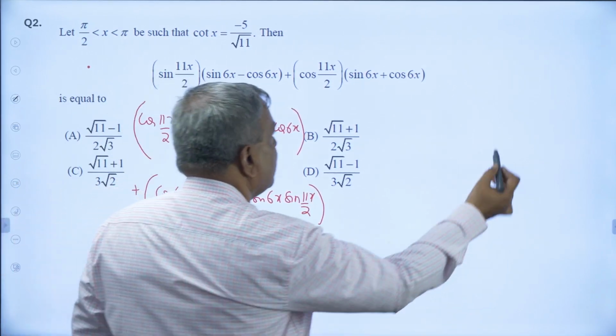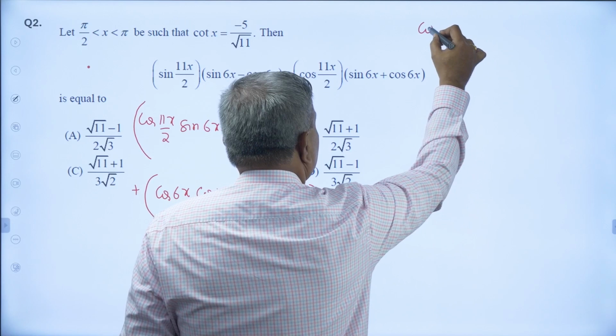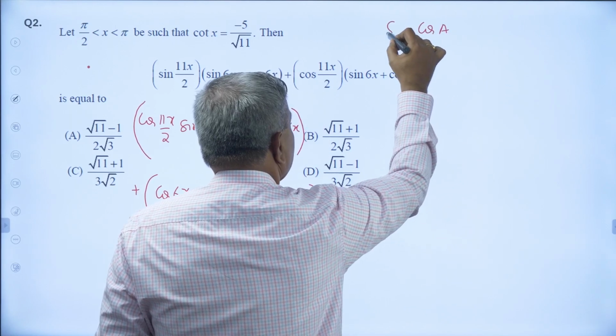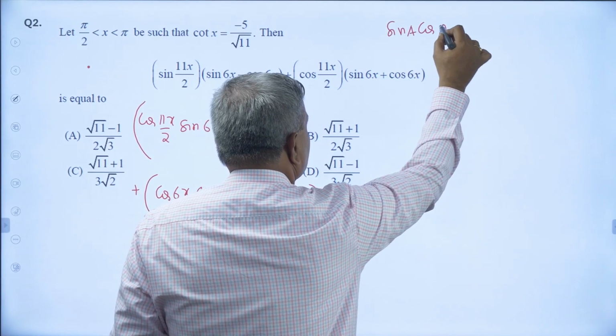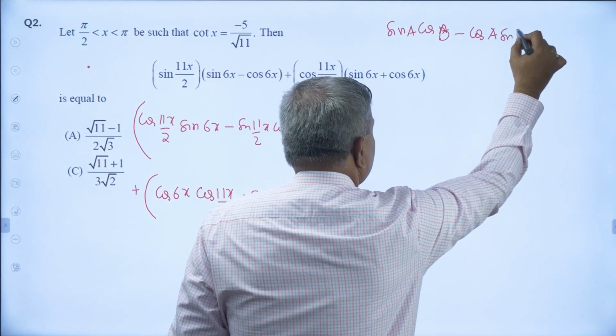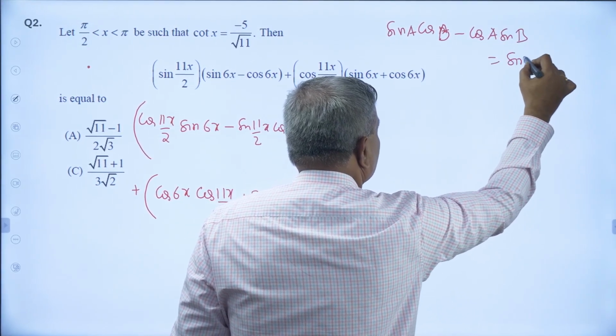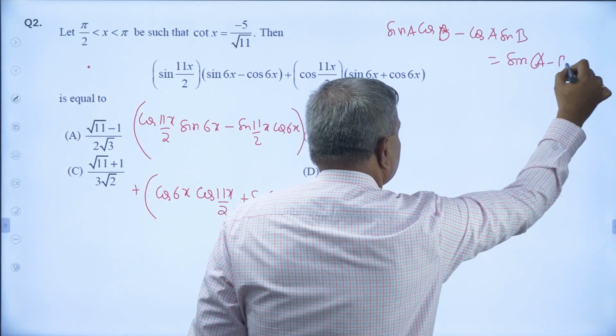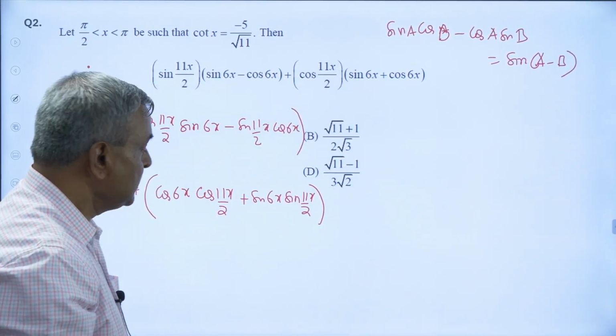We already know the formula: sin A cos B minus cos A sin B is equal to sin of A minus B. Clear?